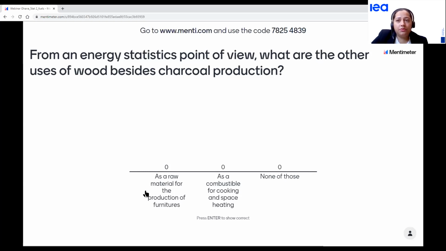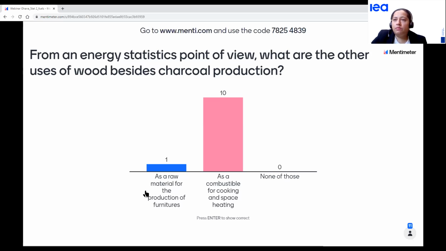As a raw material for the production of furniture, as a combustible for cooking and space heating, or none of these? So what would you report in energy statistics as a use of wood besides charcoal production? Think about an energy use.